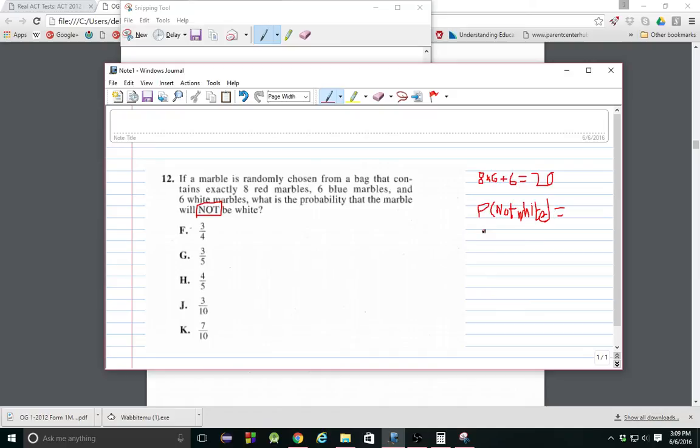So in this case it's 1 minus the probability of white.